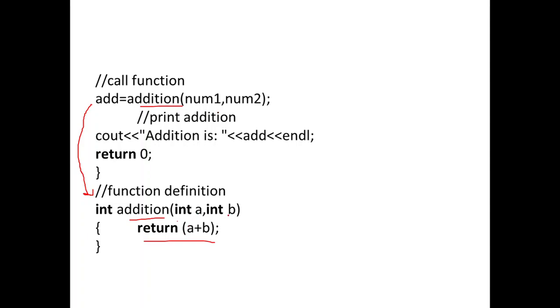If a and b are given, then a plus b. Therefore, when we call this, the parameters are passed here: num1 is passed here, num2 is passed here. Therefore, we return a plus b, that means num1 plus num2, and the result will be stored in add. The result is stored here and displayed as output. So this is the typical use of a user-defined function.